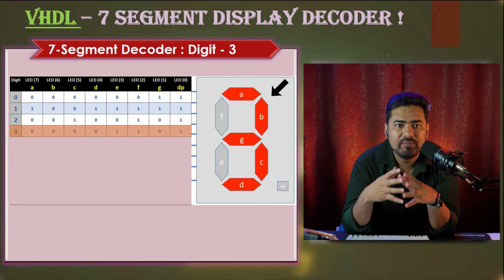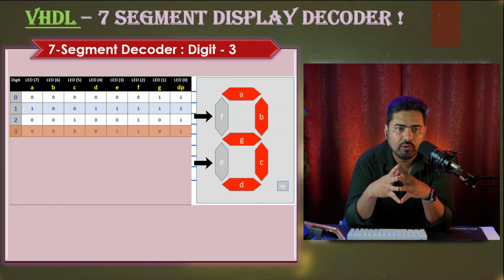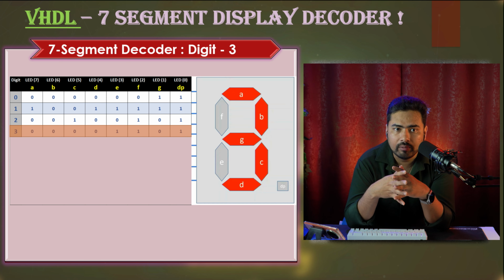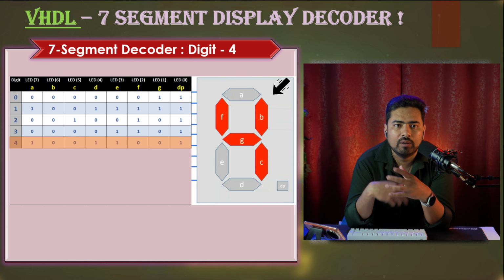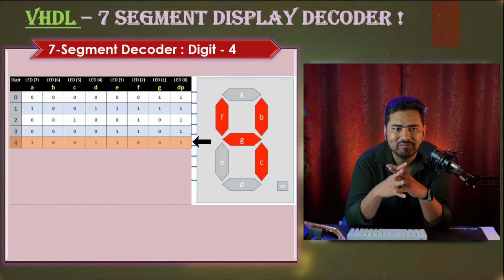Next, for number 3, segment E and segment F are off and the rest of the LEDs are on. So our output will be 0, 0, 0, 0, 1, 1, 0, 1. Next, for number 4, our output will be 1, 0, 0, 1, 1, 0, 0, 1.